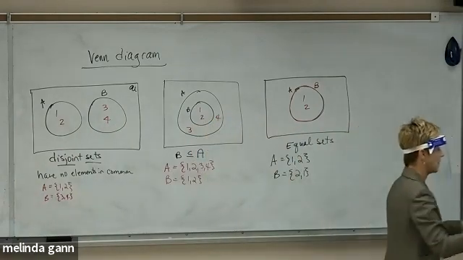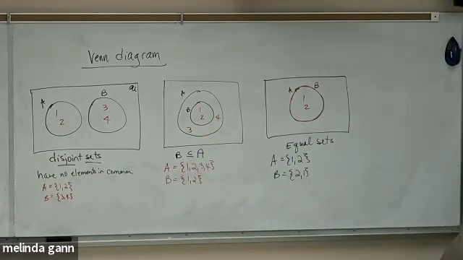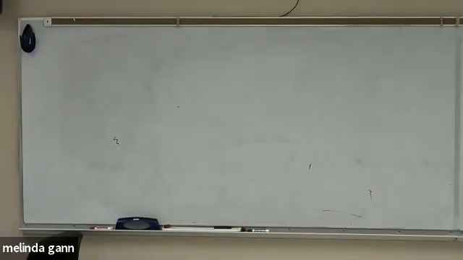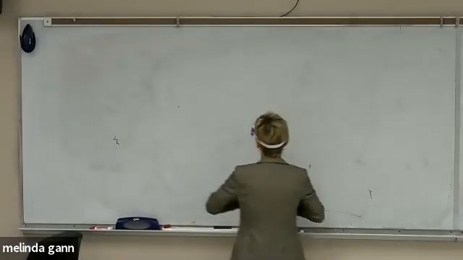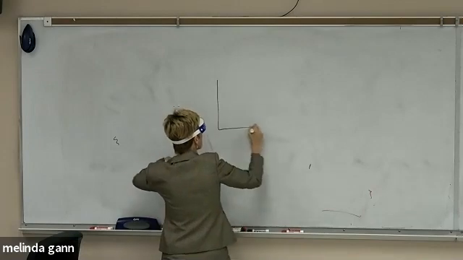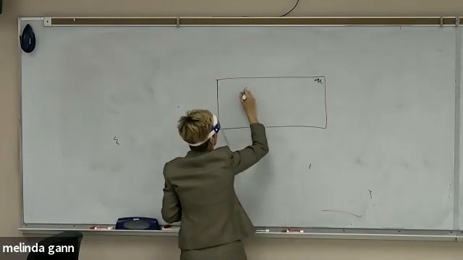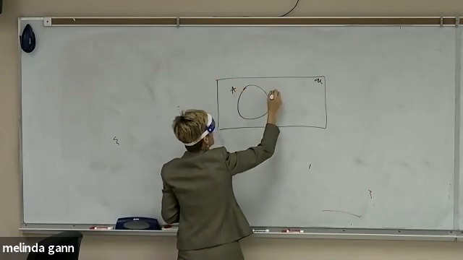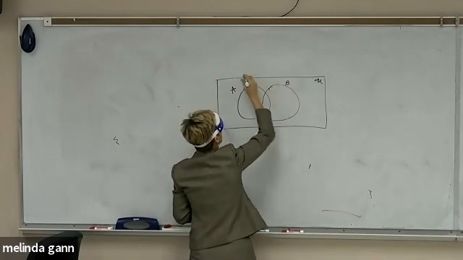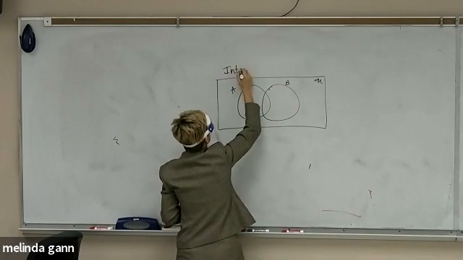They overlap, all right? So, here's your fourth possibility. It could be that A is here and B is here. Now, those are called intersecting sets.